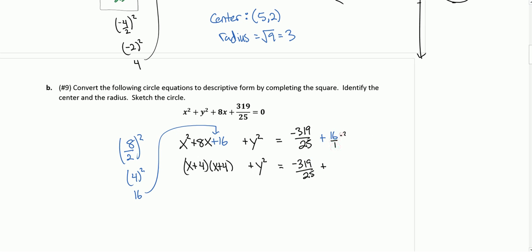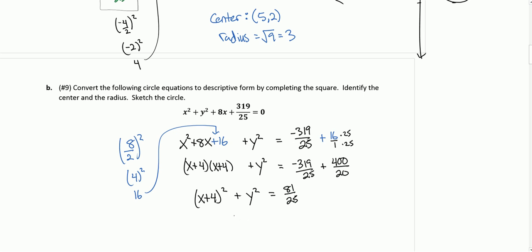I'm going to multiply top and bottom by 25. 16 times 25 is 400. So now we have x plus 4 squared plus y squared equals 400 minus 319 is 81 over 25.